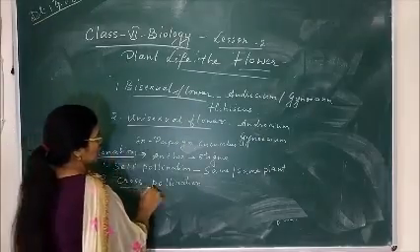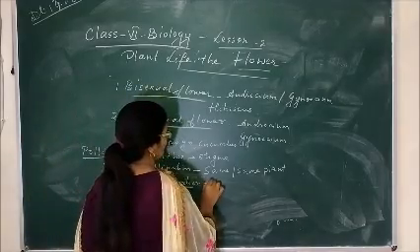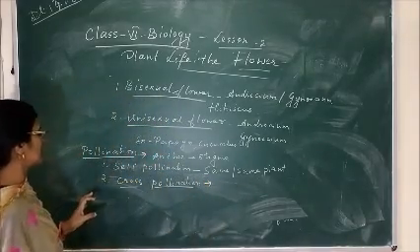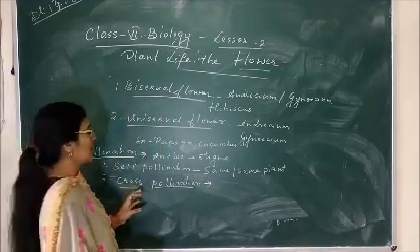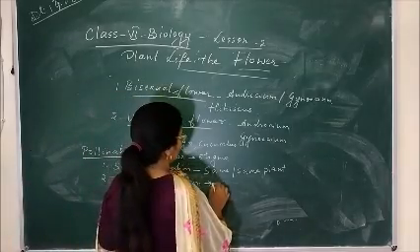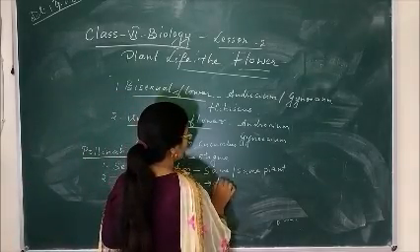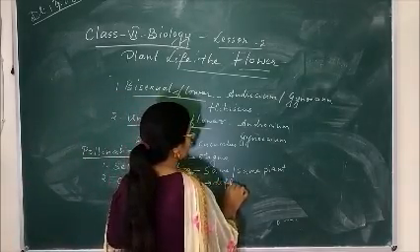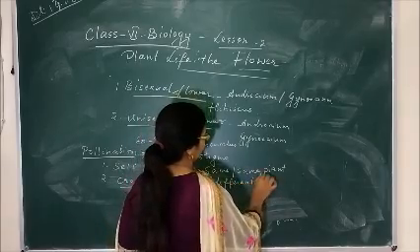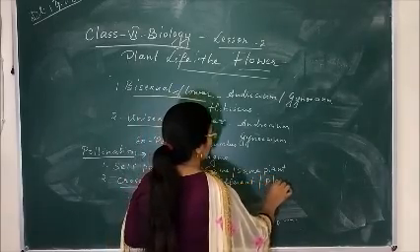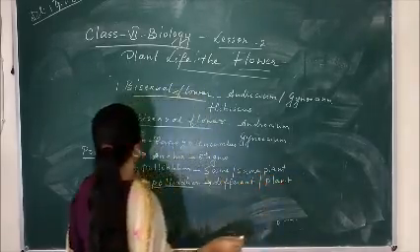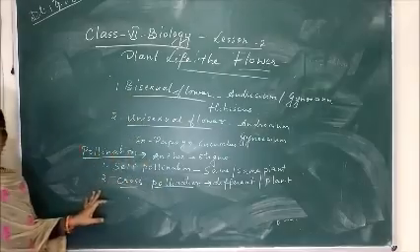And cross-pollination means when the pollen grains are transferred from the anther to the stigma of the different flowers of the different plant. Such type of pollination is called cross-pollination.